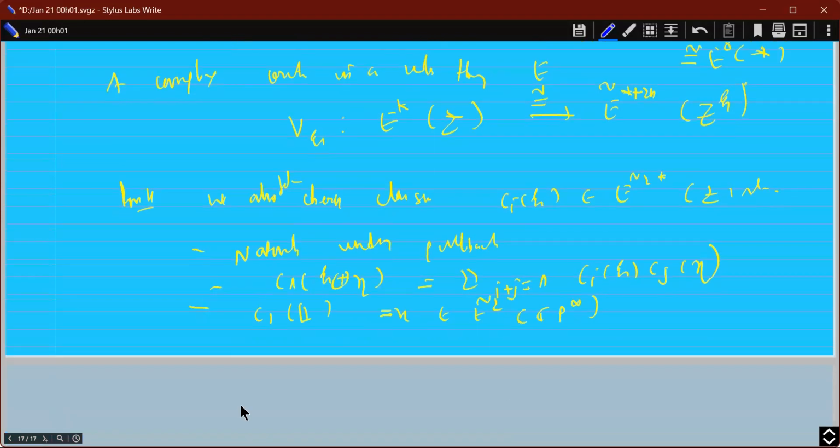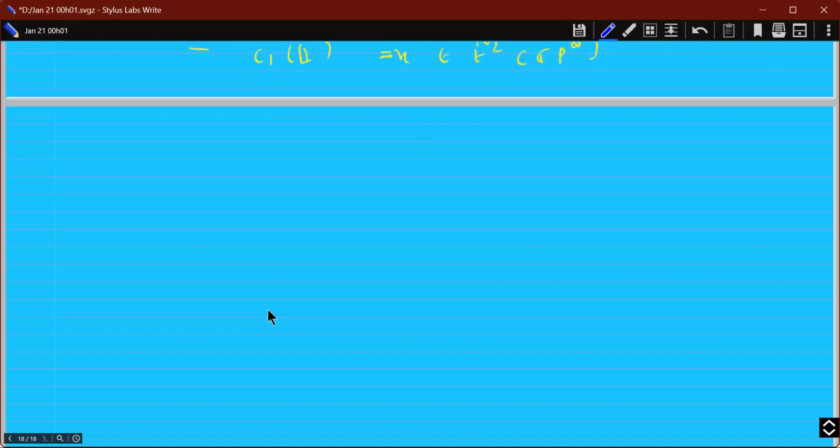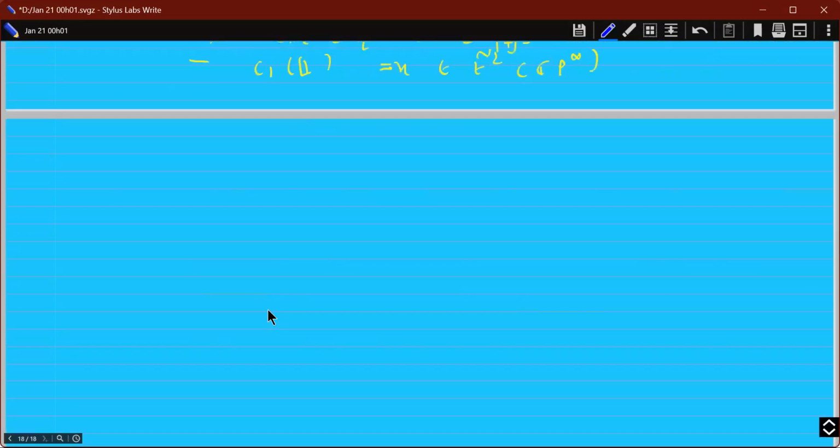So what is the point of all this? There is something that we see in singular cohomology, and we're interested in it for an arbitrary complex oriented cohomology theory. So L1 and L2 are line bundles over the space, and this is what we're interested in.